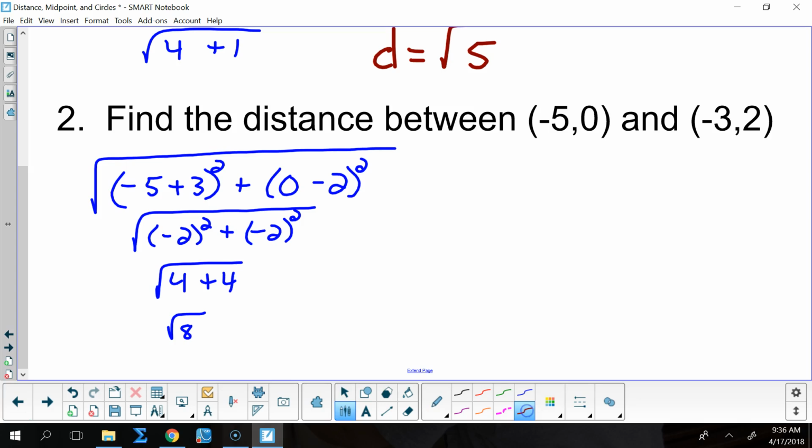So my distance here is going to be 2 square roots of 2, because 8 is 4 times 2, and the square root of 4 is 2. Okay? Questions on that? So that's the distance formula.